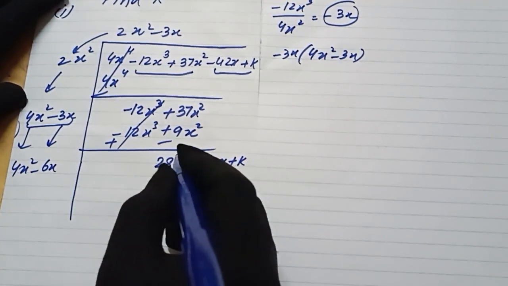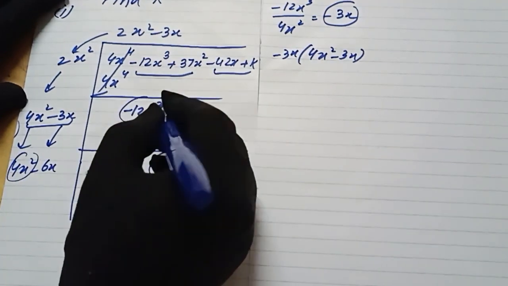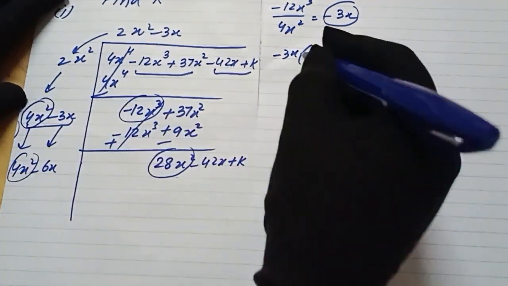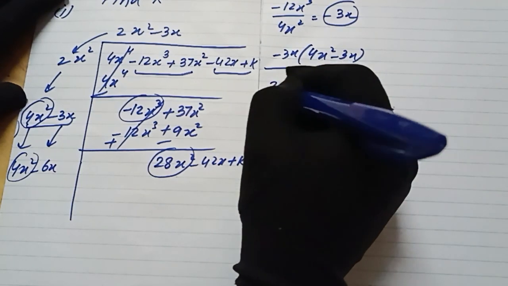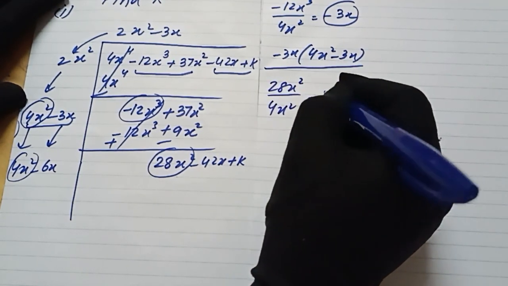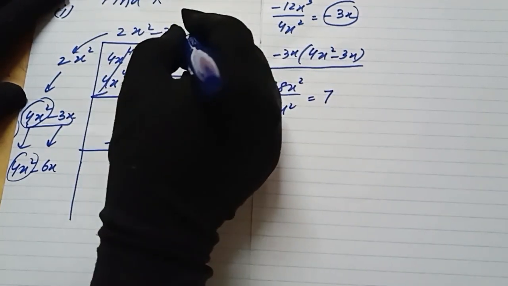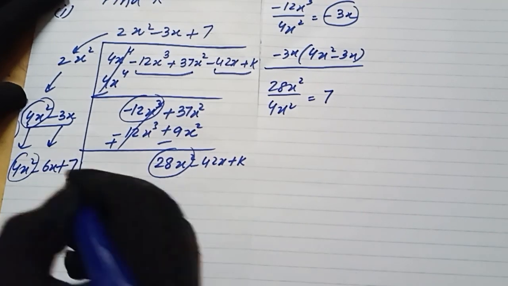Third term is obtained how? By dividing the first term by the first term. Like here I do division of first term by the first term. So make a line. Then 28x square divide by 4x square. So 4 7s are 28. x square cancel. So this is your third term, plus 7.